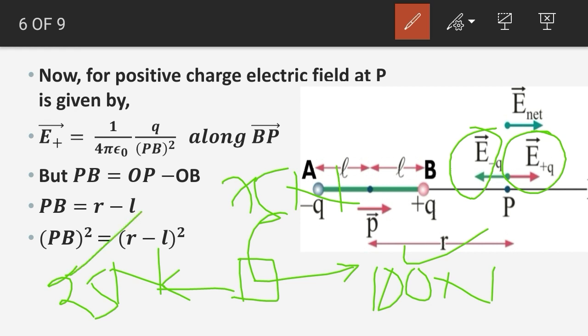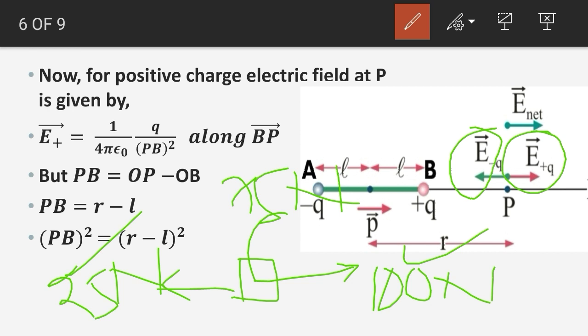The net electric field and net force will be in the direction which has the greater magnitude, whenever you have two vectors in exactly opposite direction.